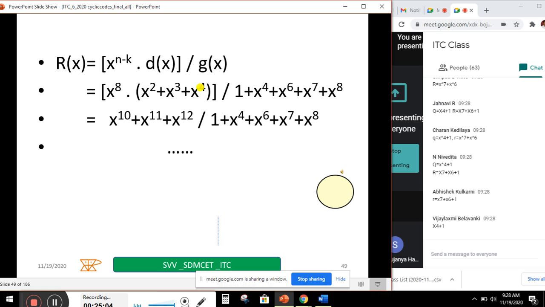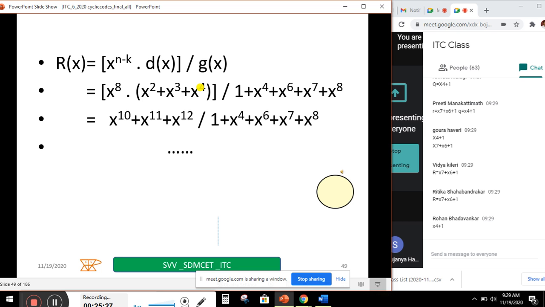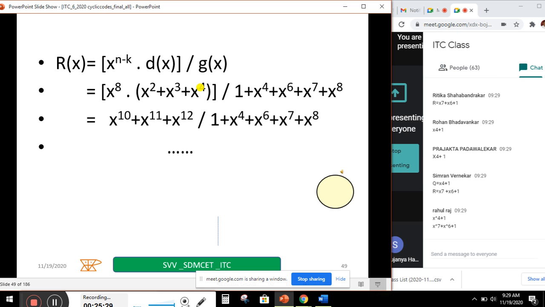Vijay Lakshmi, x4 plus 1. Vidya Kalkeri, all are getting q equal to x4 plus 1. Spurti, Vinay, Vishwa, Vishal Onkar got the same answer. Amrita, Preeti, Ritika, Rohan, Prajakta, everybody is getting x4 plus 1.